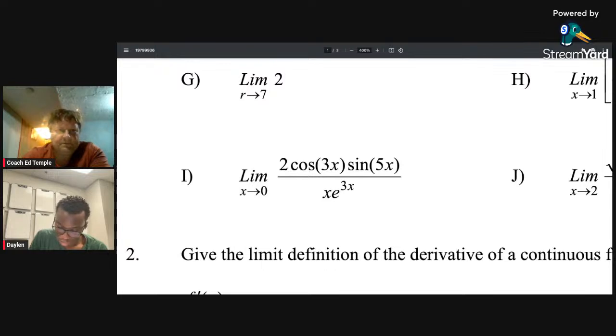They should have given you something. They can't expect you to do that off the top of your head. Unless they're just wanting you to plug in numbers, like I said, use a calculator, and instead of zero, type in 0.001 and see what it looks like. That kind of working it out, getting exact answers.